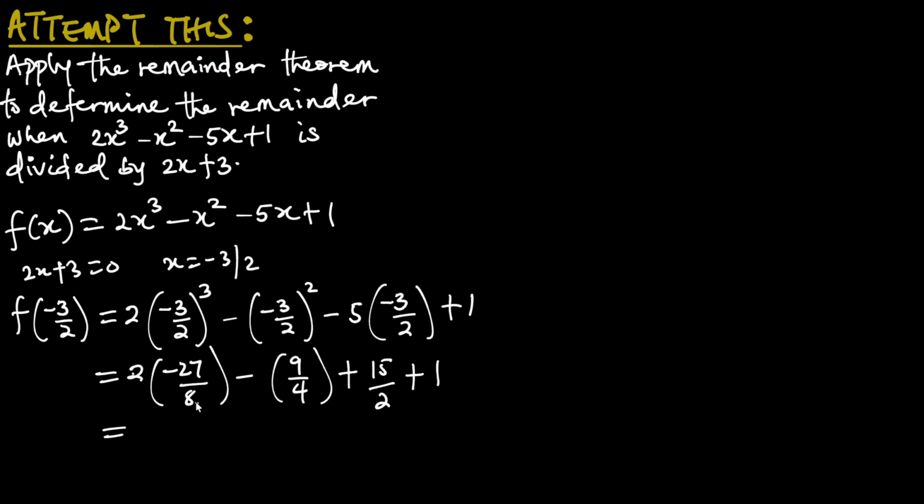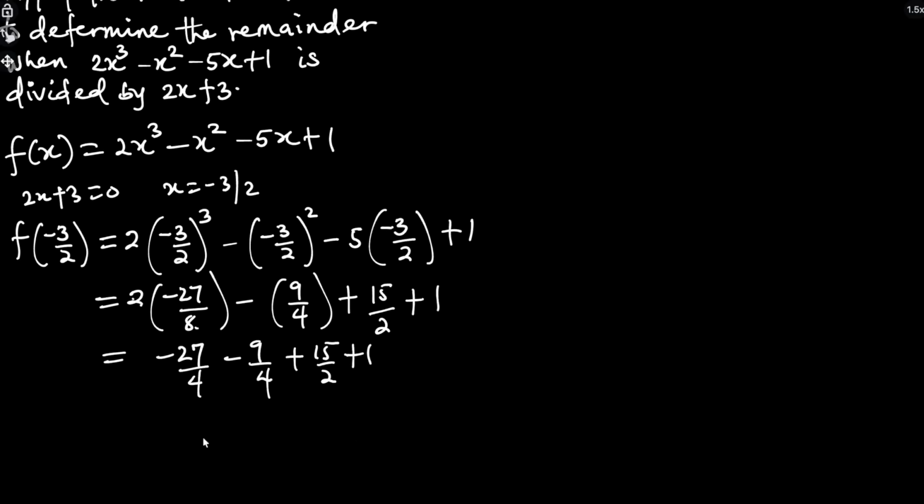So this 2 divides this, so we have negative 27 over 4 minus 9 over 4 plus 15 over 2 plus 1. So what I'm just going to do here is this gives me minus 36 over 4, and here we have 7.5 plus 1, that gives 8.5.